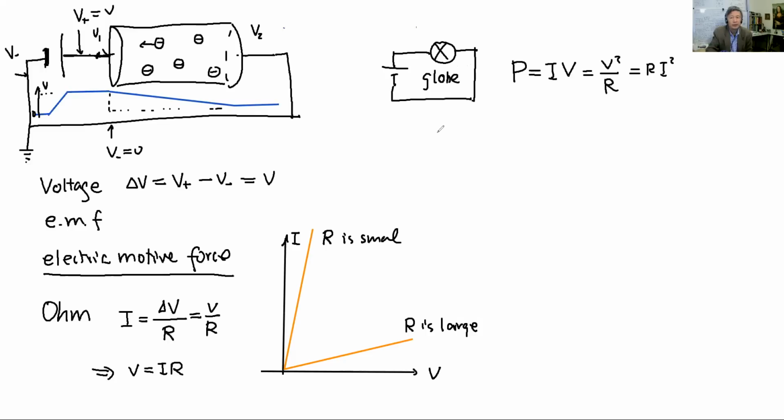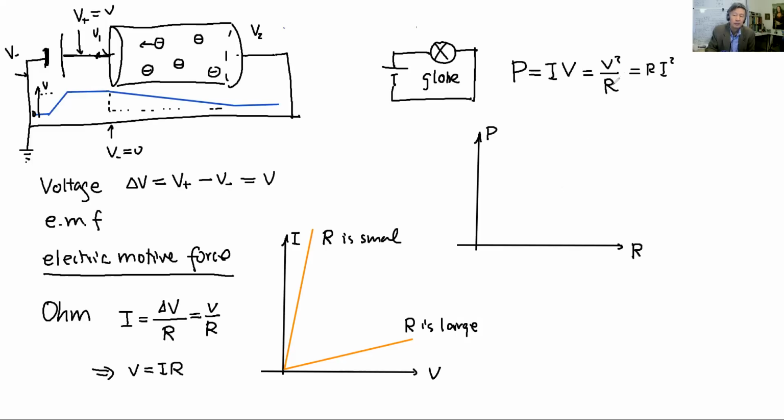If you're looking for brightness, for example if you want a very bright globe, then for a fixed voltage we can use this form.